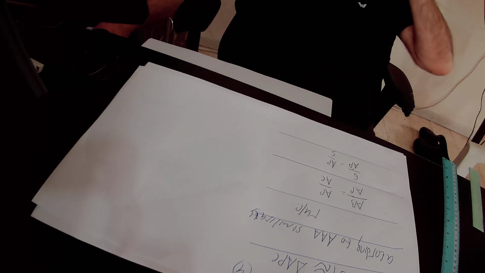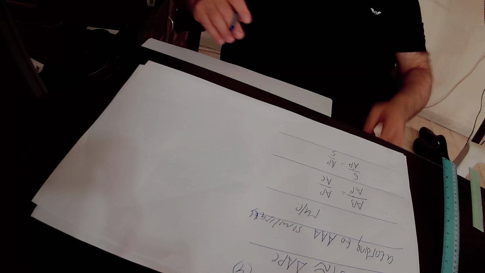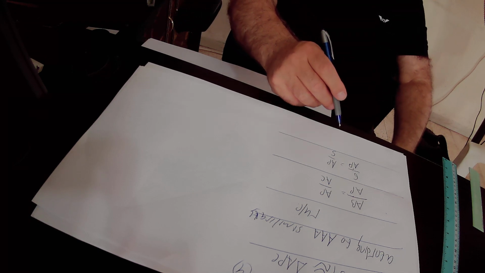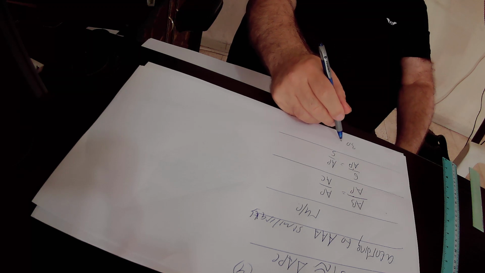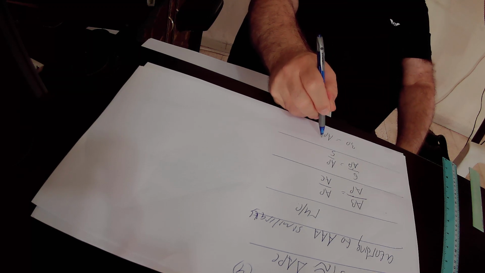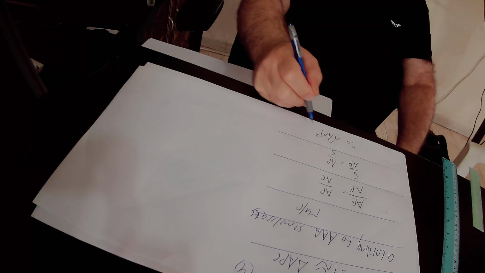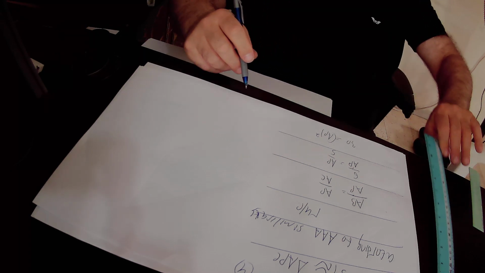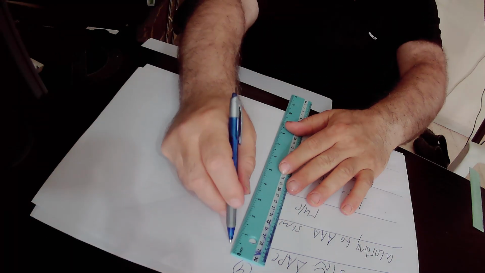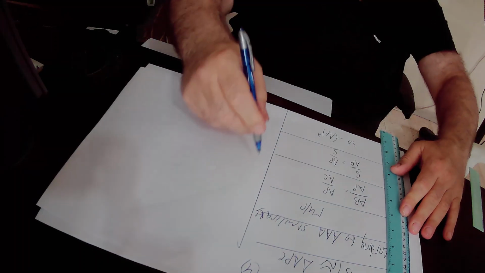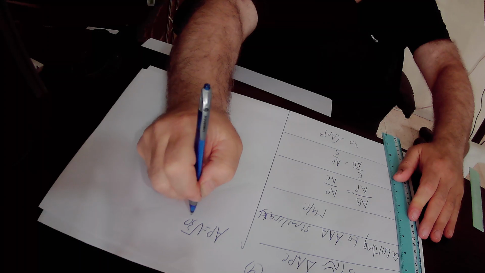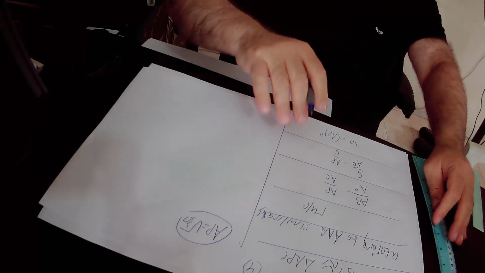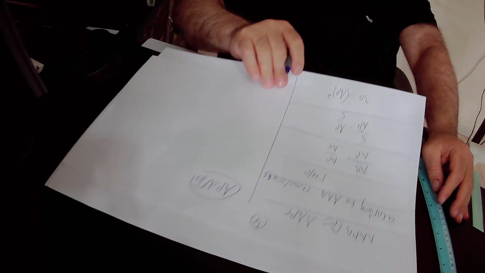Here we cross multiply this equation and we get that 5 times 6, that is 30, equals AP times AP, that is AP squared. So we actually found out that AP squared equals 30. We take a root of this equation and finally we get that the missing side AP equals the square root of 30 units in its length.